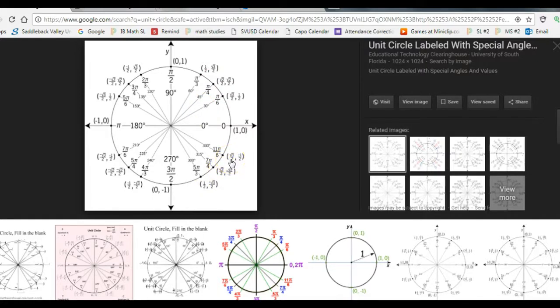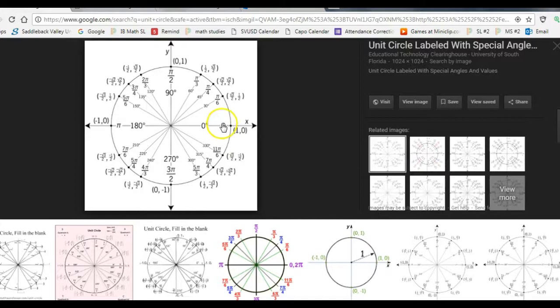So someone might look at this and say, but wait a minute, 11 pi over 6 is not within the given domain from 0 to pi. And I agree, but it's all about what you get at the end, not at the beginning. So I need to start out by setting my parentheses equal to pi over 6, set it equal to 11 pi over 6, and we can keep going around this circle forever as many times as it takes to get all the answers, because again, it's not about what you start with, it's about what you end with.